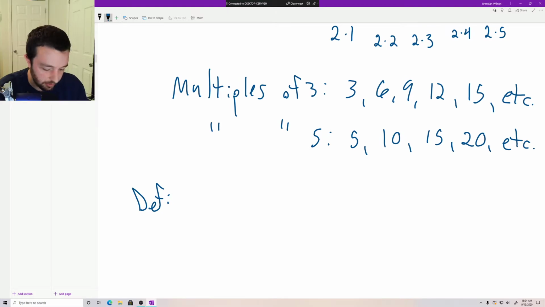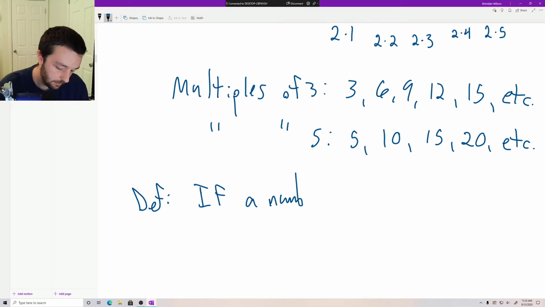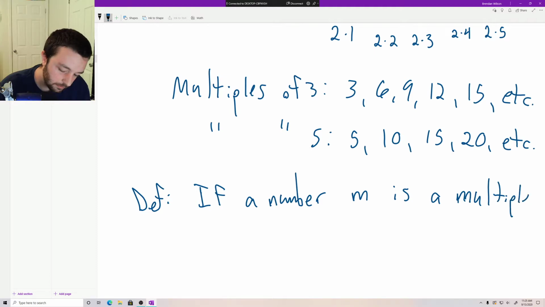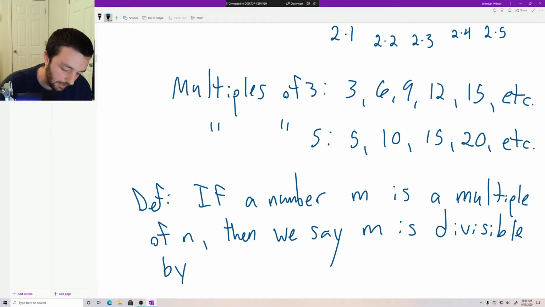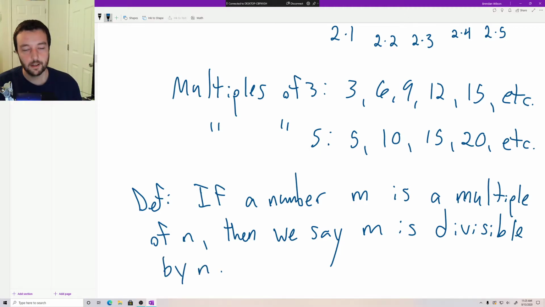So another definition, if a number m is a multiple of n, then we say m is divisible by n.